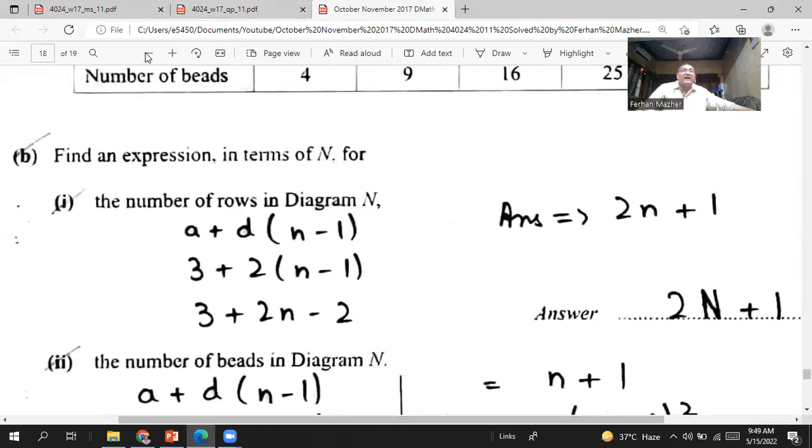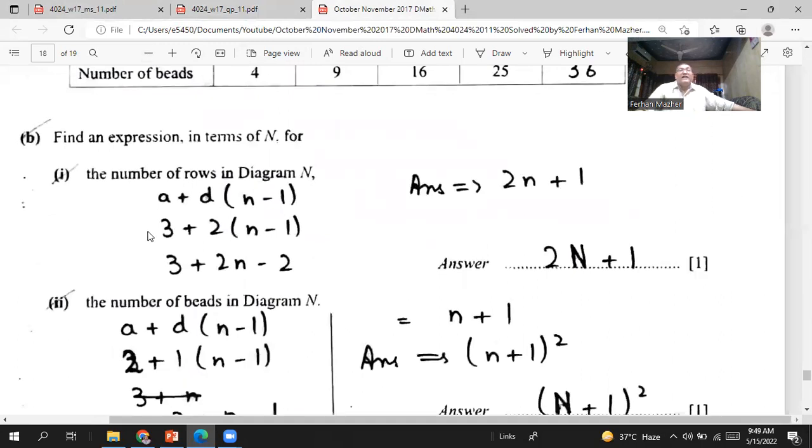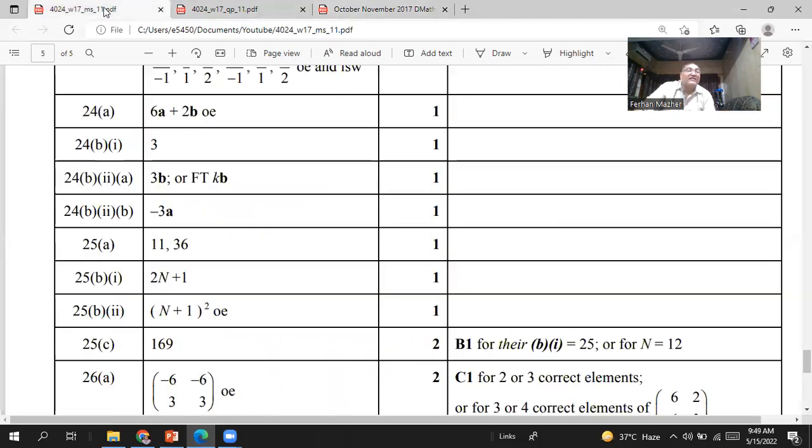A, the first term, is 3 and the difference is 2. So you will have 3 plus 2n minus 2, which is 2n plus 1. So 2n plus 1 is the nth term.